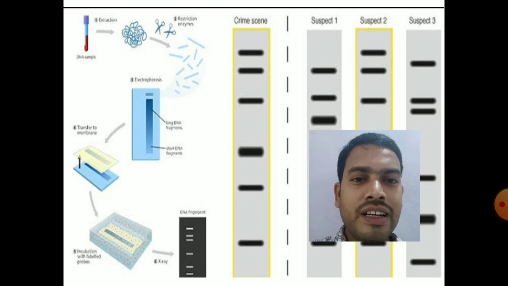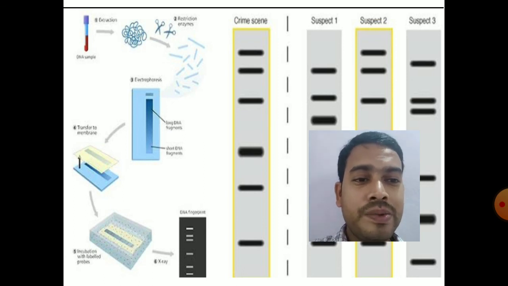After electrophoresis, transfer the DNA fragments onto nitrocellulose membrane and use probes. They may be radio labeled or enzyme labeled. If you are using enzyme labeled, you can use a substrate which is converted into a colored product that can be identified on the paper itself.